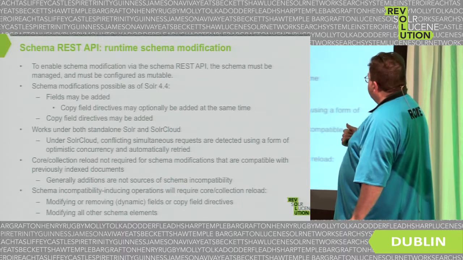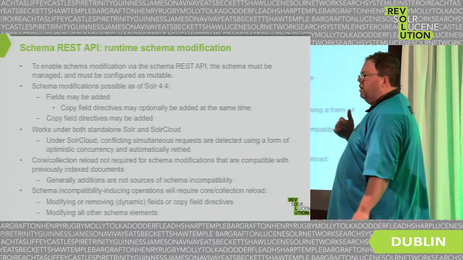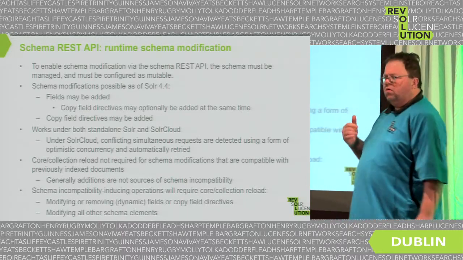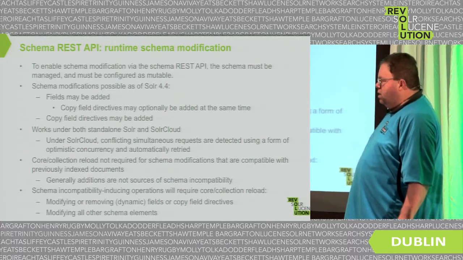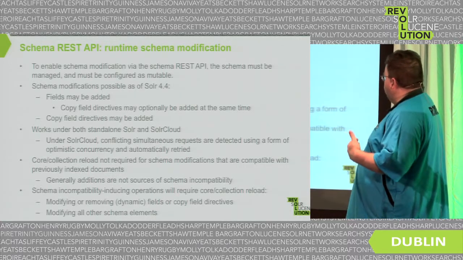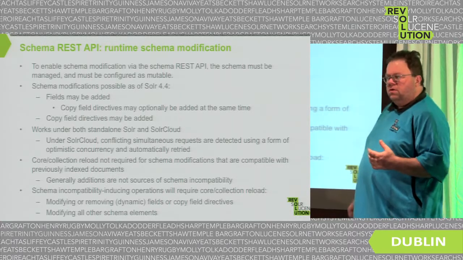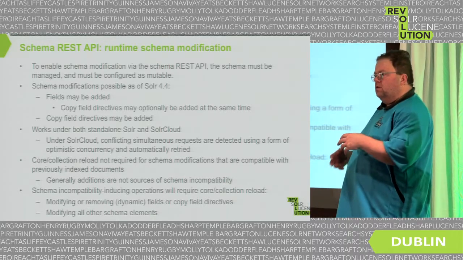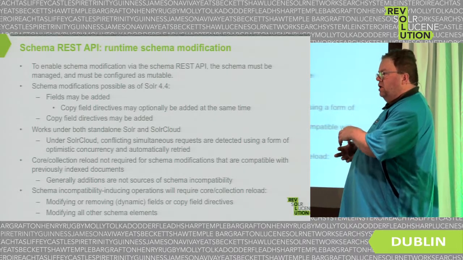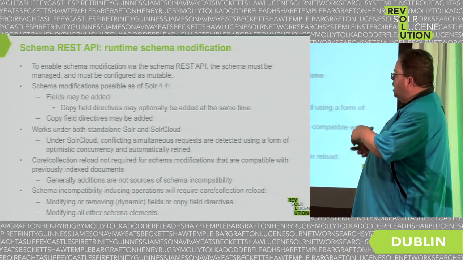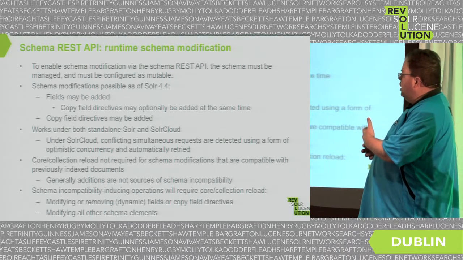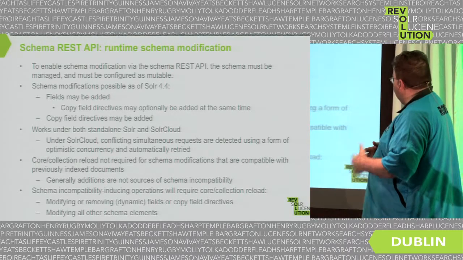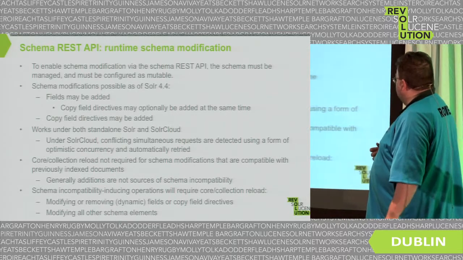These modifications that have been added so far don't require core or collection reloads, but other forms of modification which could result in conflicts with already indexed documents will require a core reload.